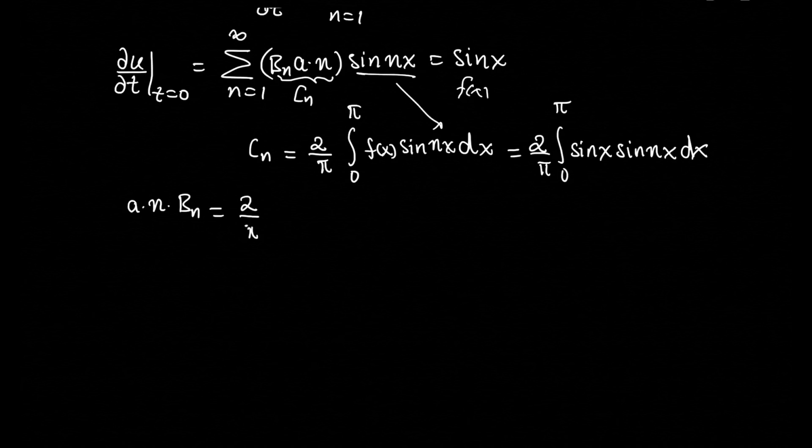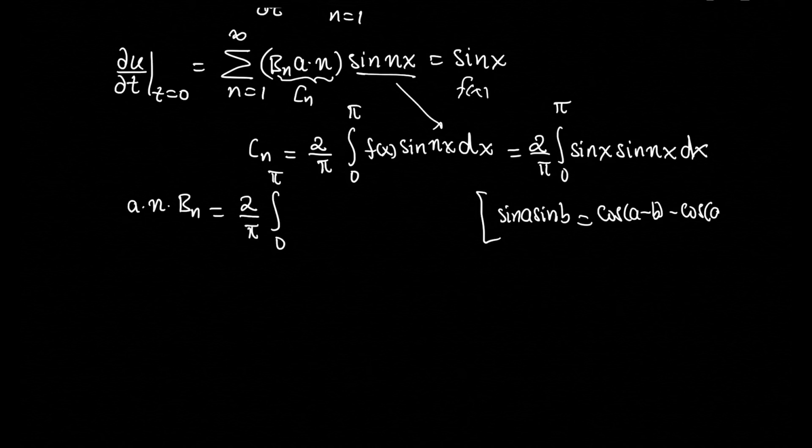2 over pi, 0 to pi. You have to remember that sine A times sine B equals cos(A minus B) minus cos(A plus B), divided by 2. This is from trigonometry, and you pretty much have to know it to solve this integral.